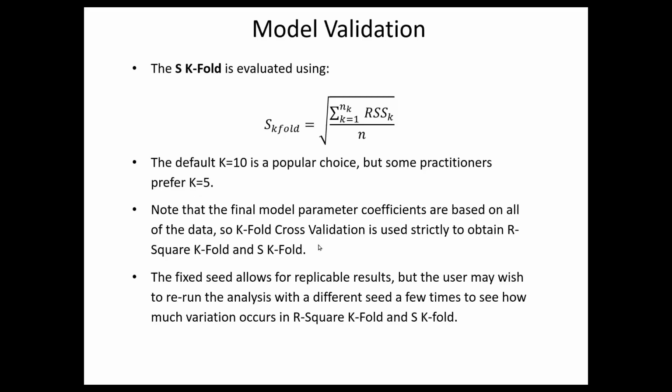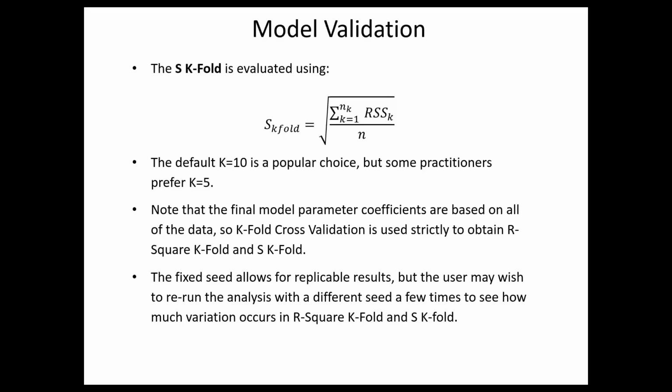A technical note: if you do use k-fold cross-validation, it's strictly used to obtain the k-fold R-square and the k-fold standard deviation. The final model still uses all the data. Because it's based on a fixed seed that you specify, you can change the seed and rerun it a few times to see how much variation you get on these metrics.